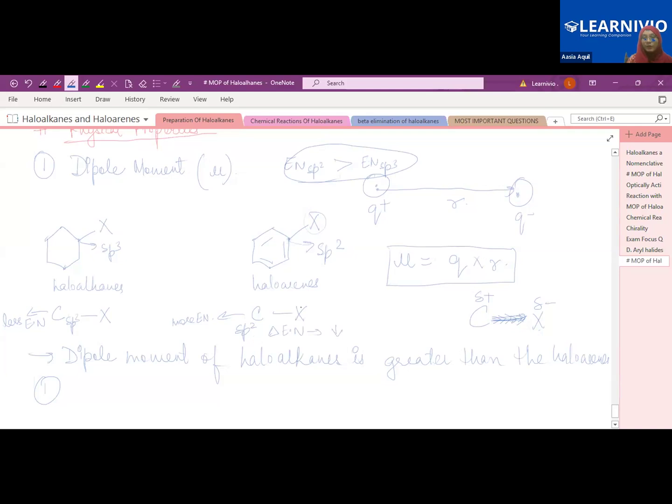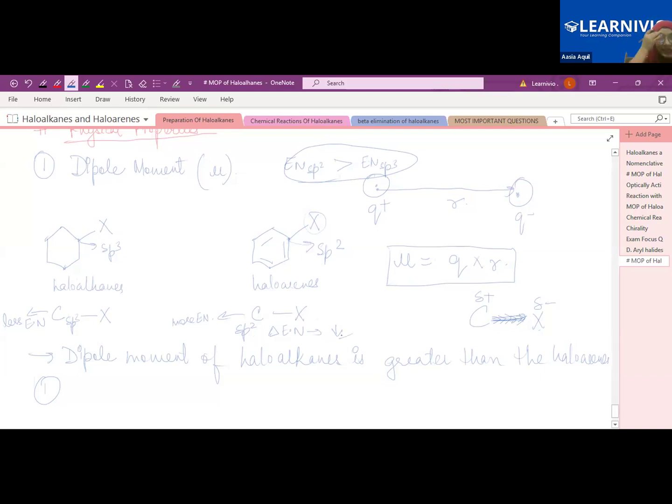Because the halogen atom tries to pull electrons towards itself, and this sp2 carbon, being more electronegative than the sp3 carbon, will also try to pull electron density towards itself, right? So the difference in electronegativity will decrease overall.